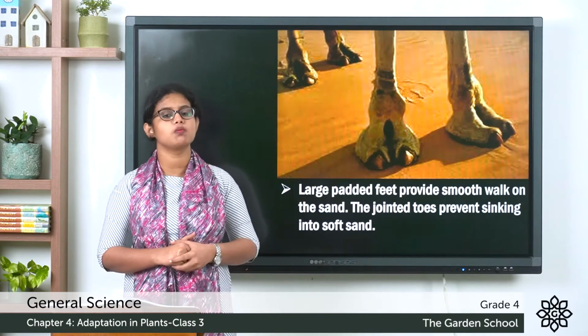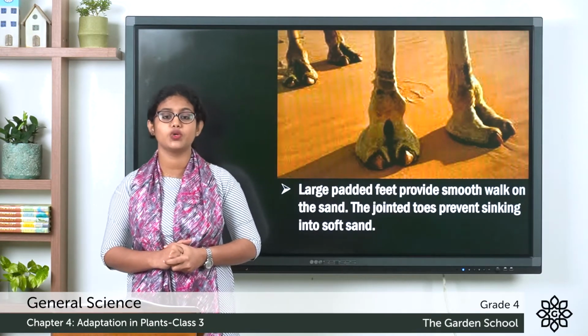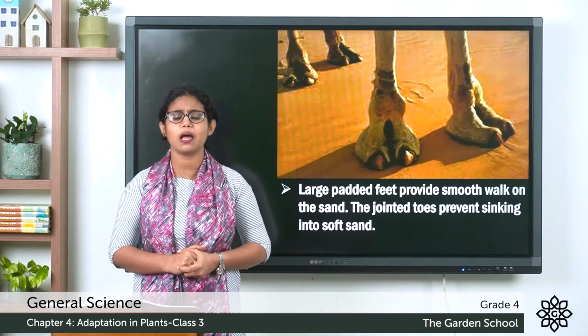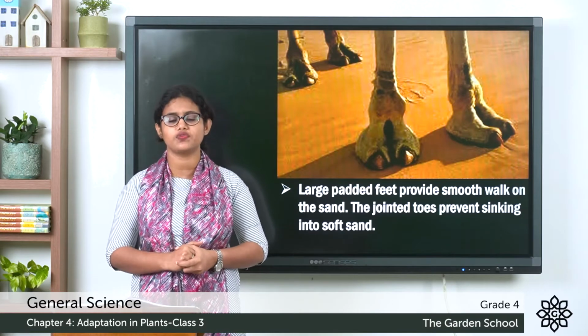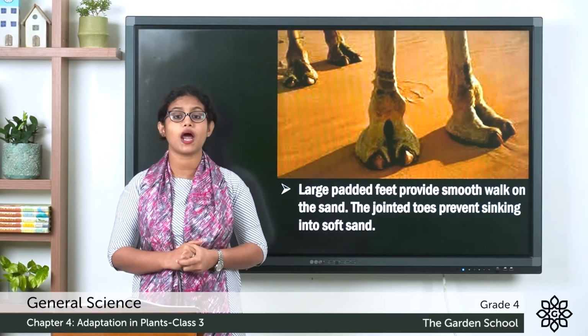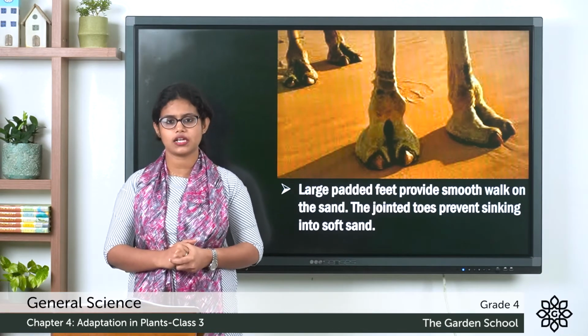Coming to the next body feature, that is their padded feet. We all know that in desert it is very hot. So camels have large padded feet. Do you know why? They have large padded feet that help them to walk in the hot sand.